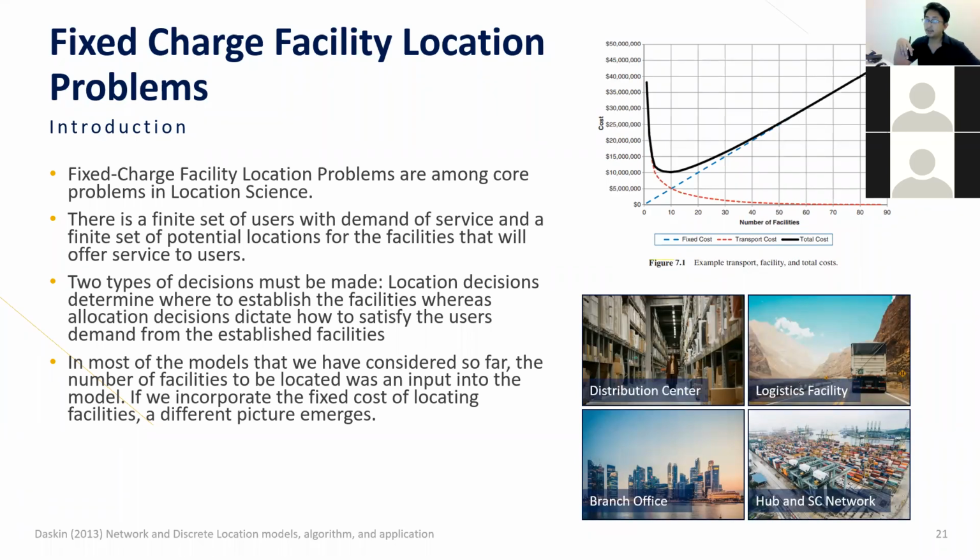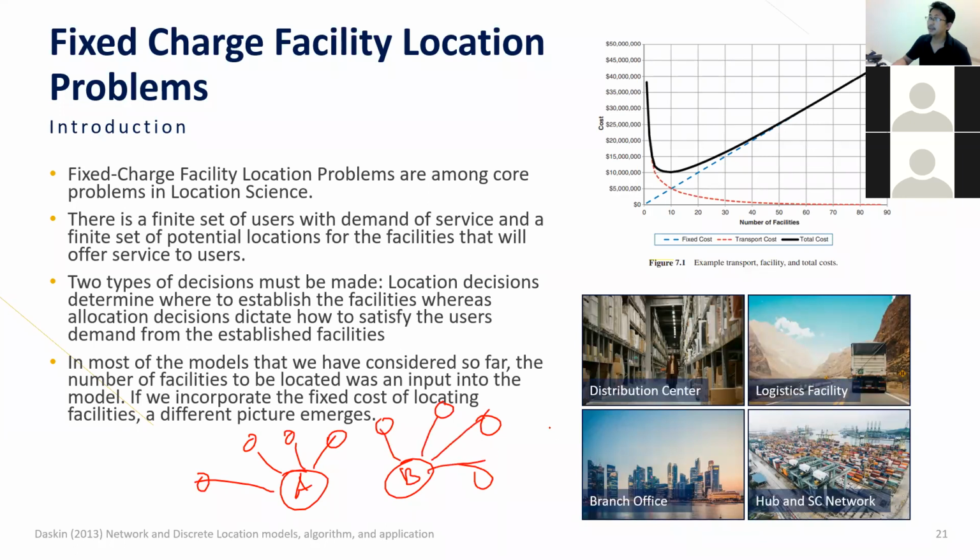For example, if you want to use a facility in city, let's say A, to cover the demand surrounding there, you will compare it to a facility located in B. Median problems only take into account the demand multiplied by the distance here, right?